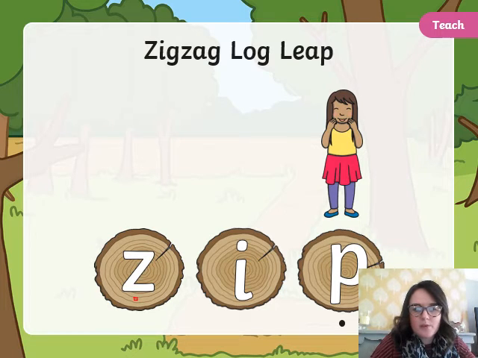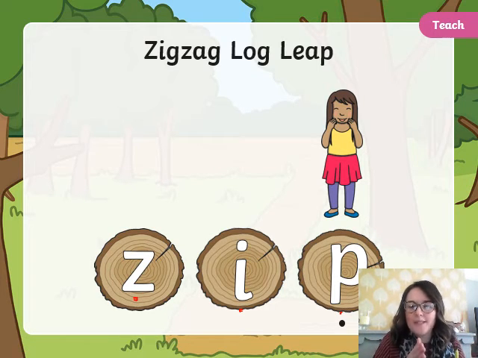Let's put a sound button on it. Z. And what's our end sound? P. Zip. Chop. Zip. And then let's push it back together. Zip. Lovely, like a zip on your coat.